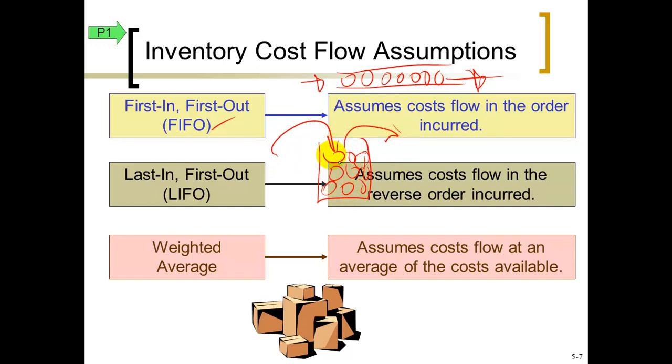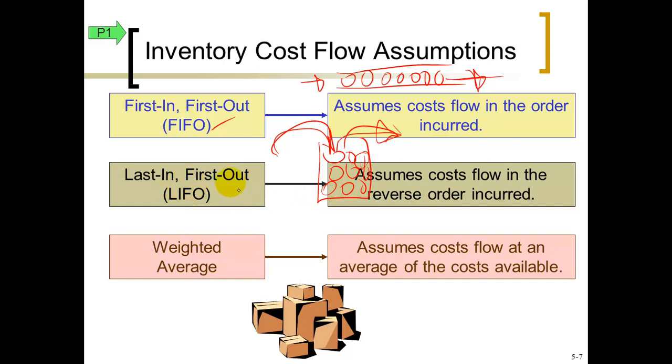You're using the new cost when you sell. Physical flow probably is going to be the old stuff sold first. But under the LIFO method, cost flow takes the last item in and uses that cost as our cost of goods sold right away for our current sales. So what's sitting at the bottom is the old, maybe even the beginning inventory that you started off with. Again, this is the cost, not the actual flow. Cost doesn't have to match the flow.